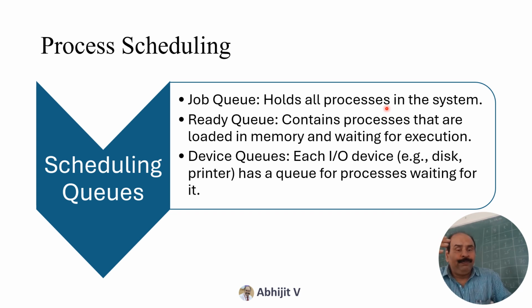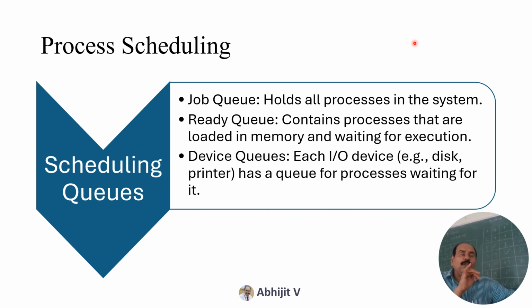Then the ready queue contains the processes that are loaded in memory and waiting for execution. Device queues: each input output device has a queue for the processes waiting for it. Okay, so this is how the scheduling works.